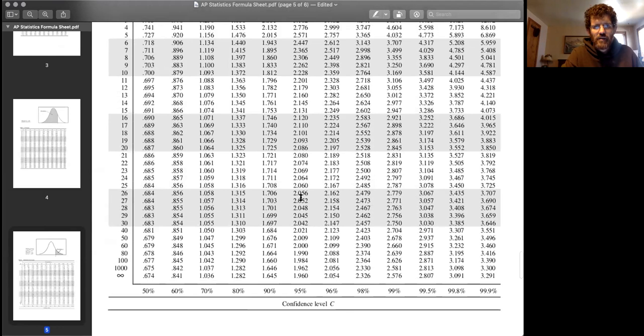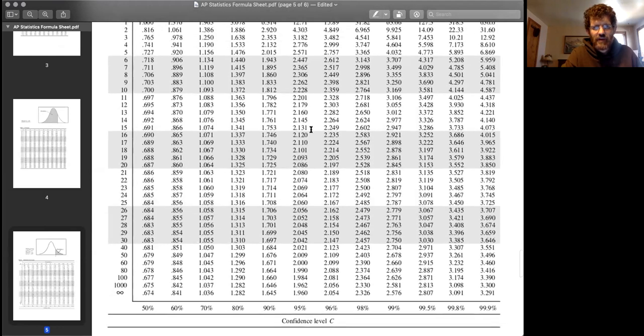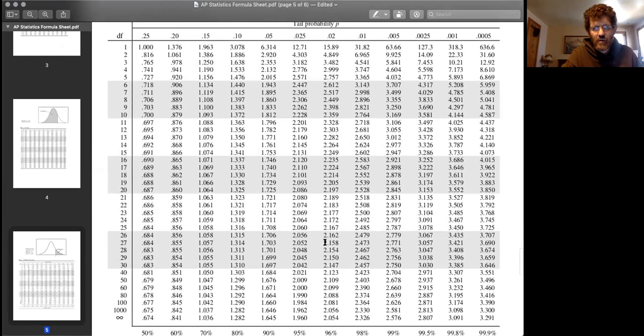And I'm not going to be switching back to this to find our critical values as we go through, but you can, okay? So if you want to kind of flip over, have this PDF open on your iPad, then whenever we get to a problem where you might need to look up a critical value, you can flip over here and find it. I'm just going to assume that you know how to do that and show what those critical values are. But again, stick around if you need more help with this aspect of the problem.